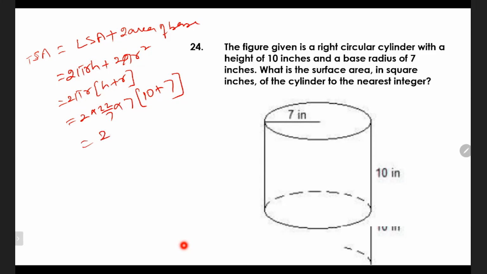So this is 2 into 22 into 17. So this is 44 into 17. 17 4 68, 17 4 68 plus 6 is 74. 748 square units. Please note it fast, quick.